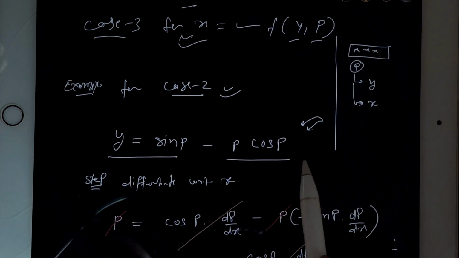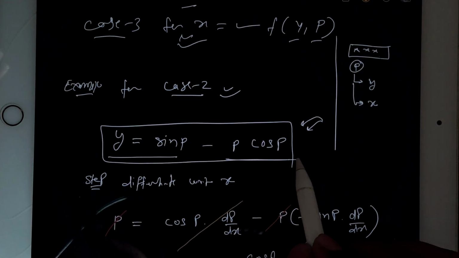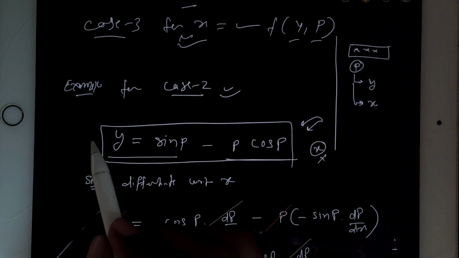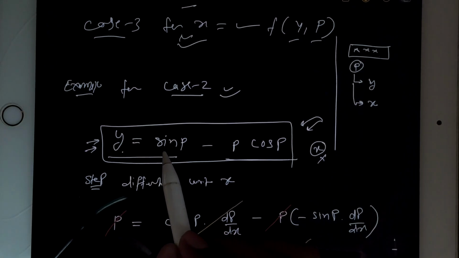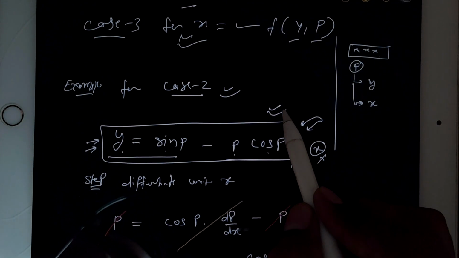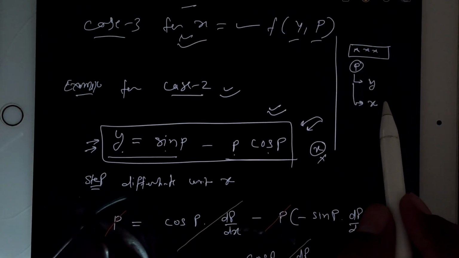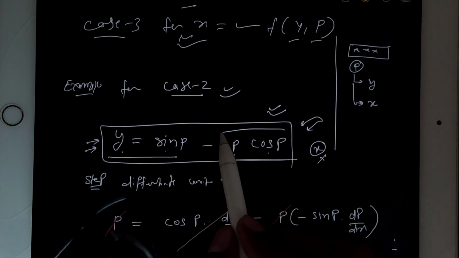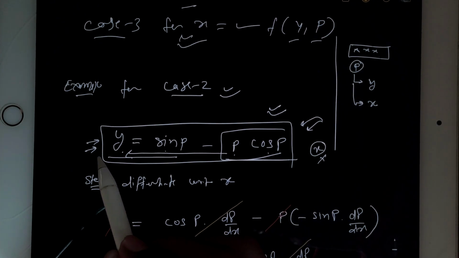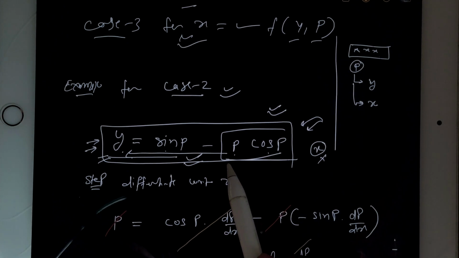How will you judge? You can clearly see in this question there is no x at all, and it is directly written y is equal to sine p minus p cos p. So we can solve this problem. Or if this term is written on the right side, then also it is visible that we can make y equal to something like this.